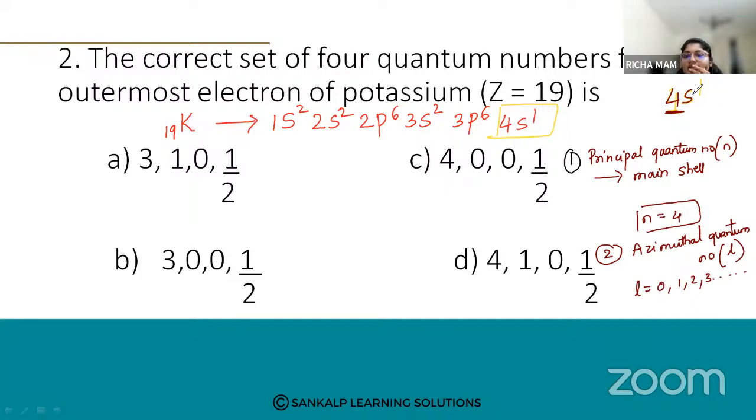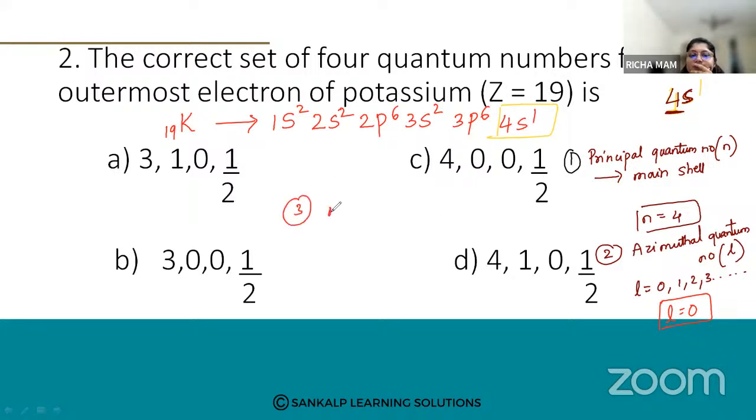Here we have the s subshell, so l equals 0. Okay, we got the second one also.